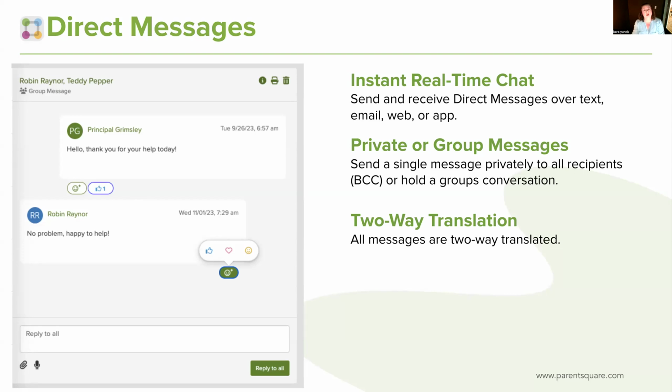And I also want both parents or guardians to be involved. I can add everybody to this group message, and I have two options. I can have individual conversations with everybody, kind of like a blind CC, or I can hold one giant group text message where everybody can see what everybody's saying.